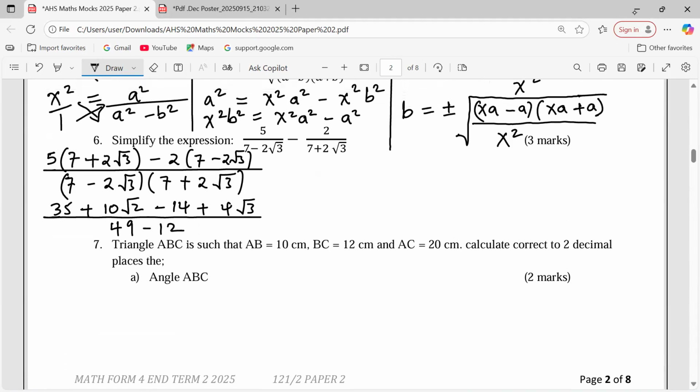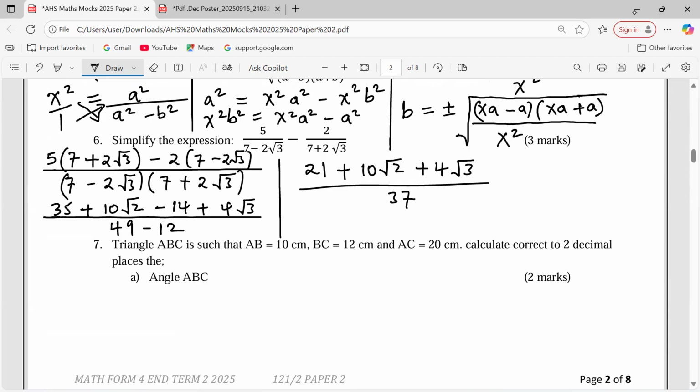We can continue grouping terms and simplifying where possible. 35 minus 14 gives us 21. Then plus 10, the root of 3, plus 4, the root of 3, out of 37.